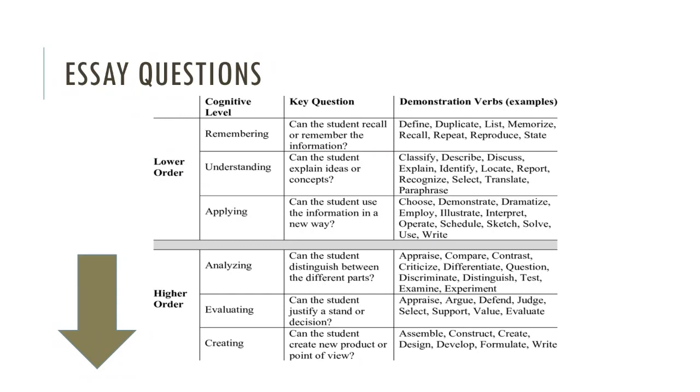The command words we would look for would be such as appraise, compare, contrast. If we are asking you to evaluate, then we are looking for appraise, argue, defend or judge. If we are looking at creating, we are looking at construct, design, develop.